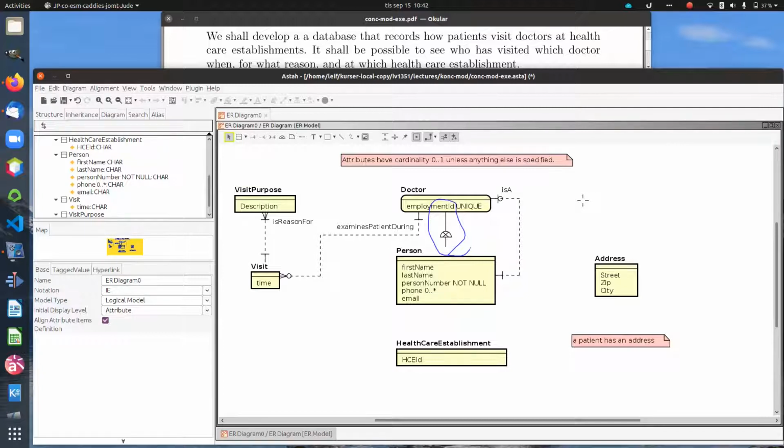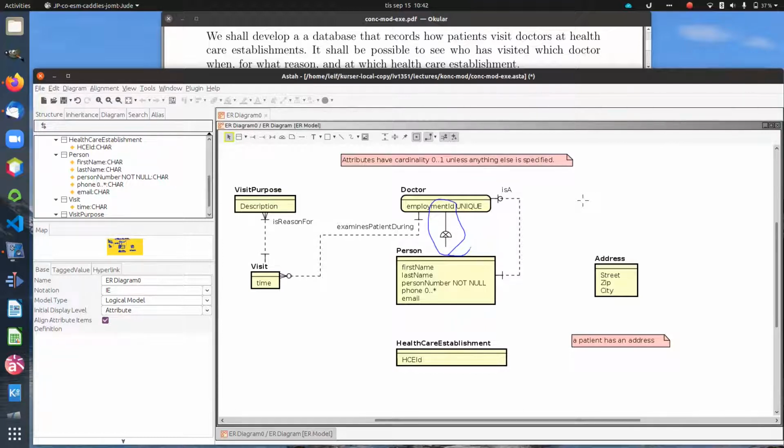All doctors are persons. Person can handle the doctor and other persons, and doctor could be claimed to be a specialization of person. Yes, the doctor is a person, but is better at being a doctor because it has the employment ID, which is not in the person entity.